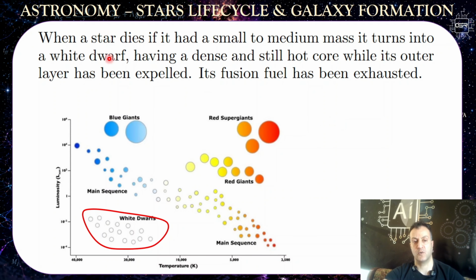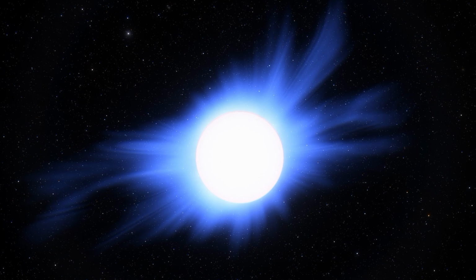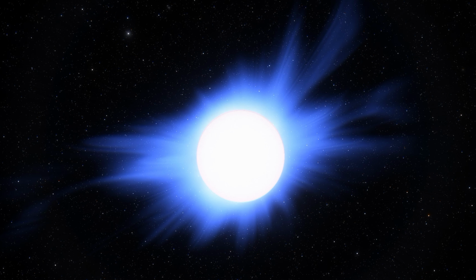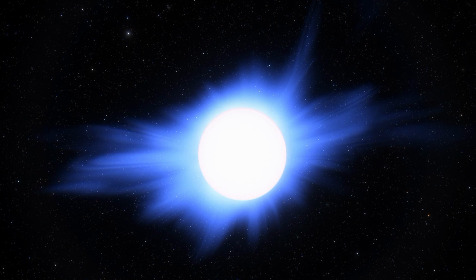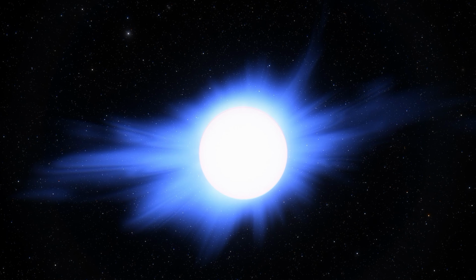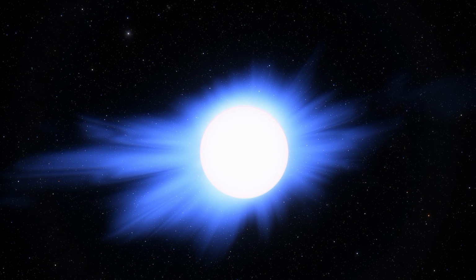White dwarfs. When a star dies, if it had a small to medium mass, it turns into a white dwarf, having a dense and still hot core. So the core is still hot, still reacting, but the brightness has dimmed. Why? Because most of the raw elements that cause a nuclear fusion so bright, such as hydrogen, have completely transformed.